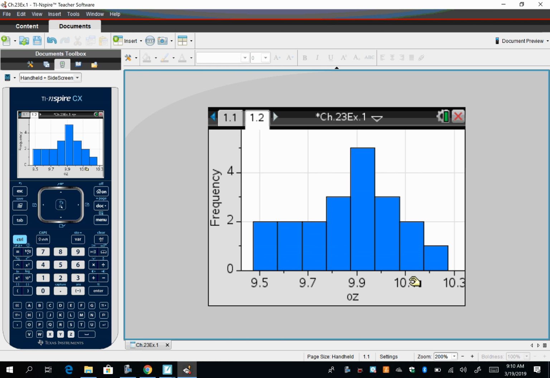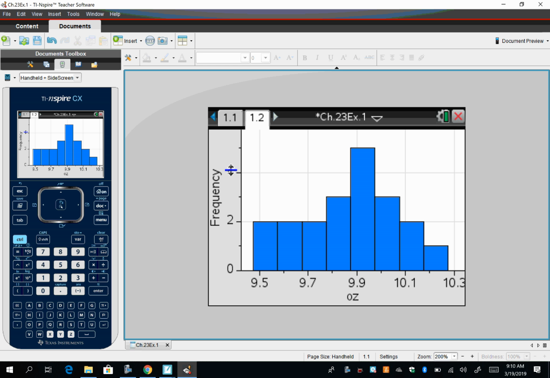Okay. What do you think about this histogram? We're looking for it to be roughly symmetric and unimodal. Are there any big gaps? Is there any really long tail going in either direction for some skewness? Or do you think, hey, I have no reason to believe it's not unimodal and roughly symmetric?